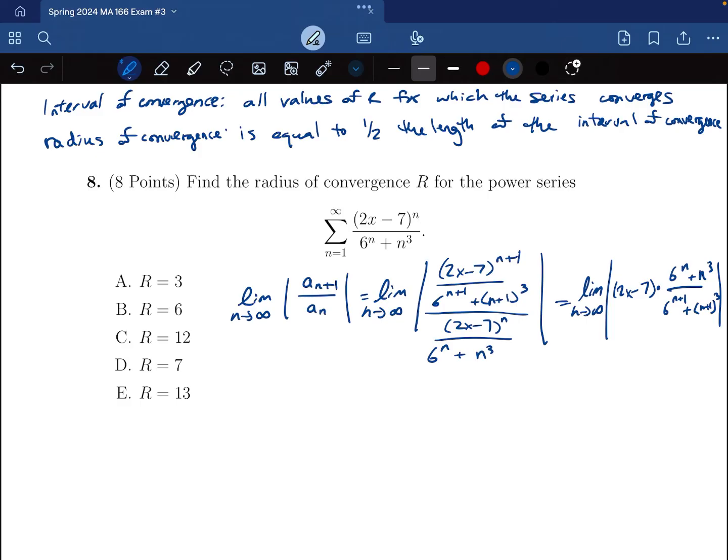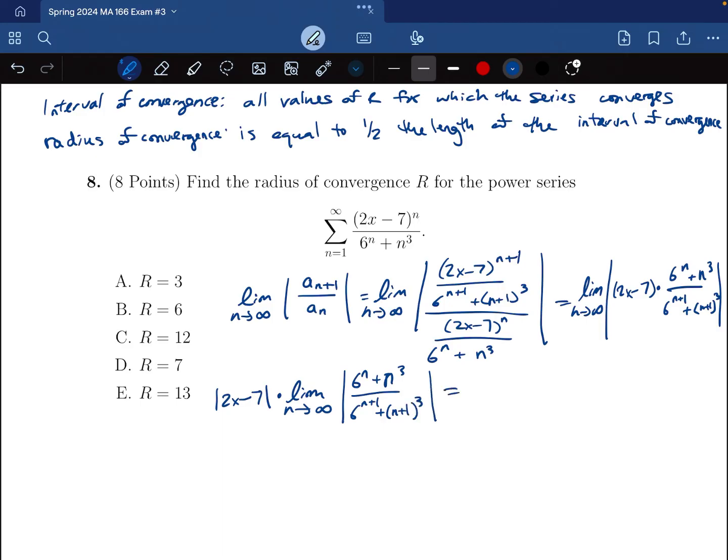Since our limit is only pertaining to n as n approaches infinity, I can pull this 2x minus 7 term out. So we have 2x minus 7 times the limit as n approaches infinity of (6 to the power of n plus n cubed) over (6 to the power of n plus 1 plus (n plus 1) cubed).